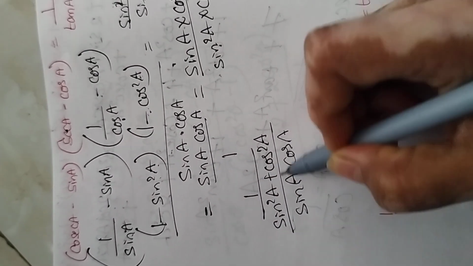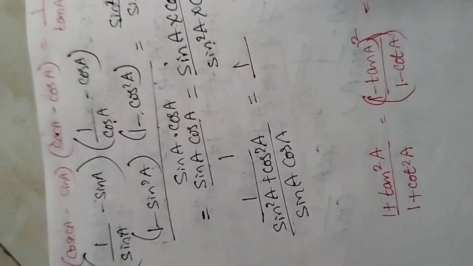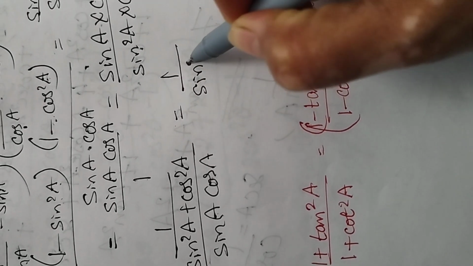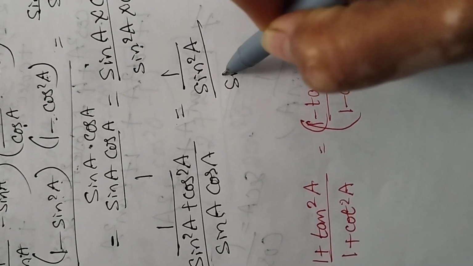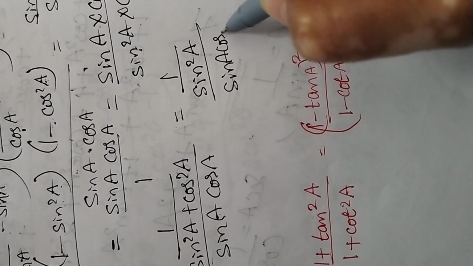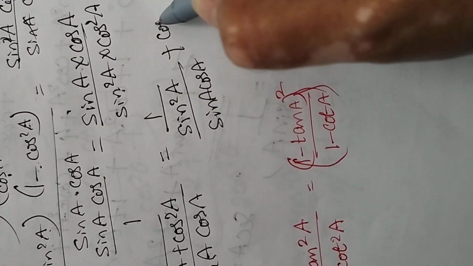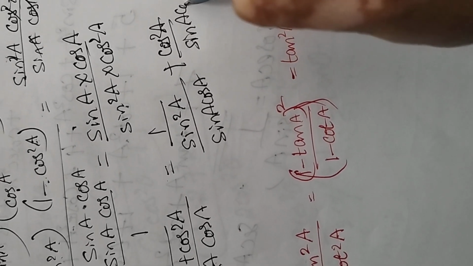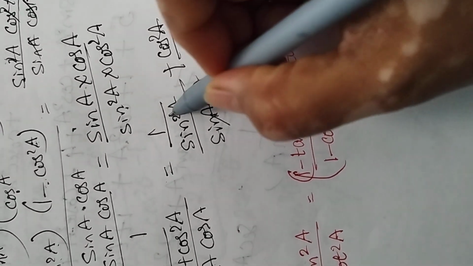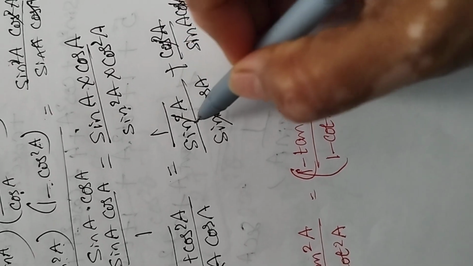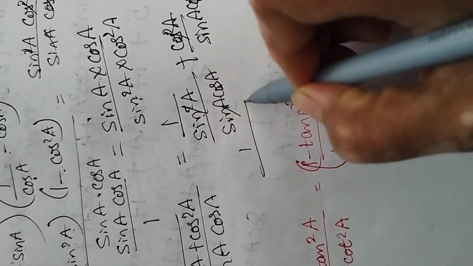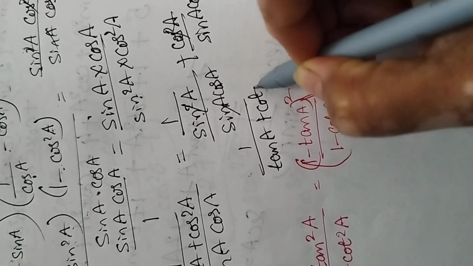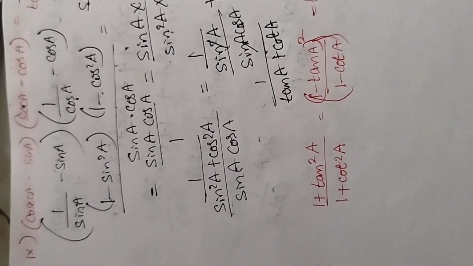Each term you write separately: sin square a by sin a cos a plus cos square a by sin a cos a. You will get sin by cos, tan a, plus cot a. This is the required proof, or RHS.